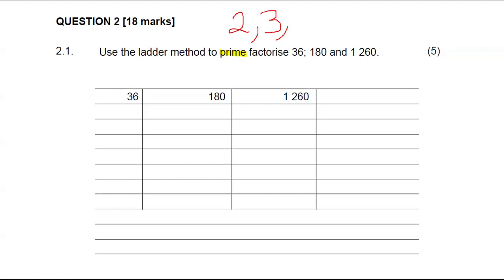Can 5 be a prime number? The factors of 5 can only be 5 itself and 1, right? What's the next prime? 7. What's the next prime? 10? No. 11. It has two factors, itself and 1. And then it goes on and on.